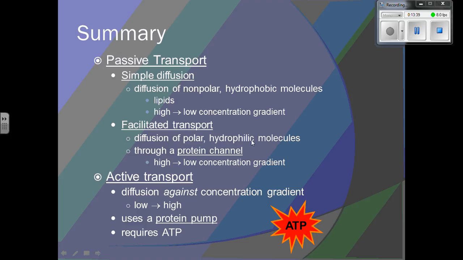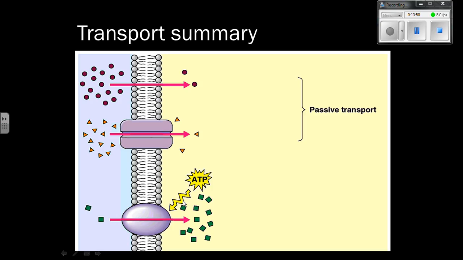So you have a transport protein helping them. Then active transport, again, is moving from low concentration to high concentration. We need energy to make things more crowded. So here's our sort of our really good picture.